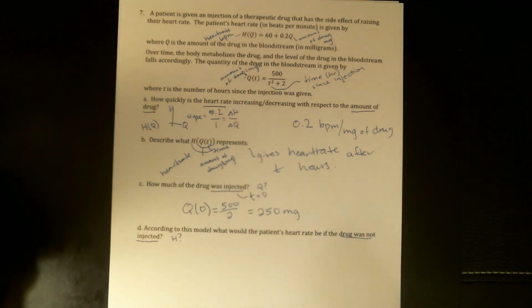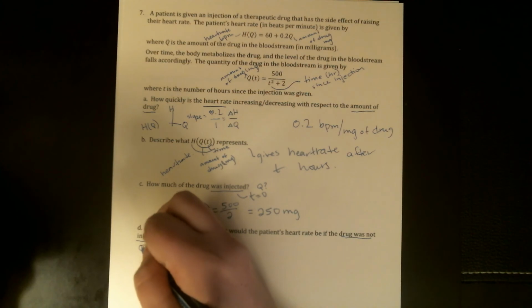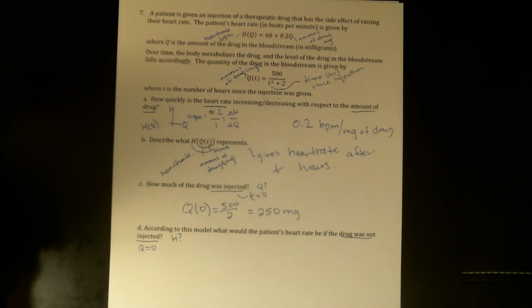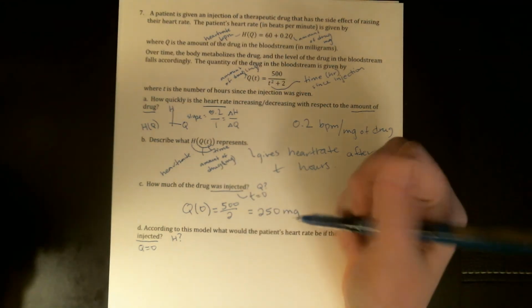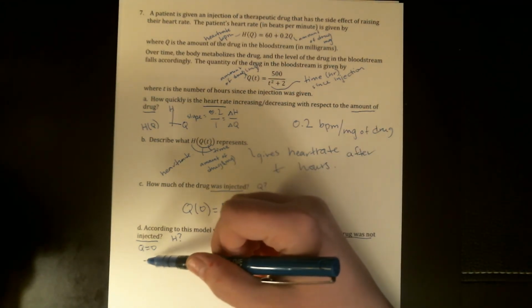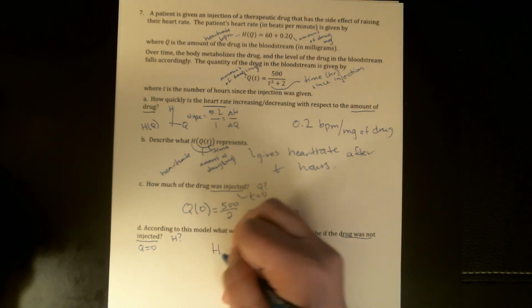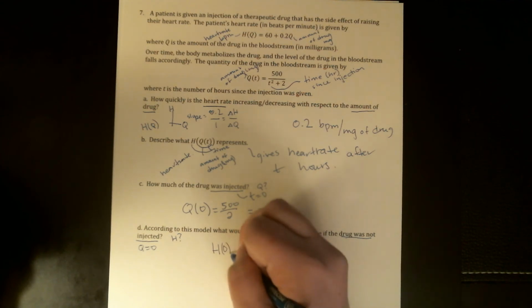So if the drug was not injected, that would imply that Q equals 0. So once again, I think it's a slightly hidden piece of information, but there is information there to plug into the function. So we would like to relate Q equals 0 to an H value, which means we're going to go to our H function and we're going to plug in 0.